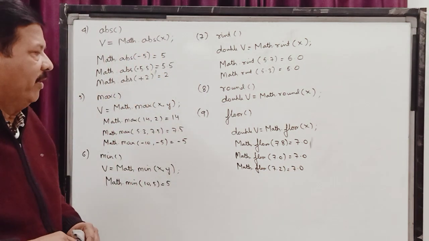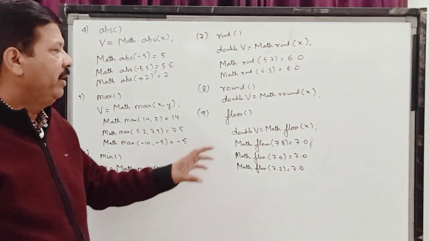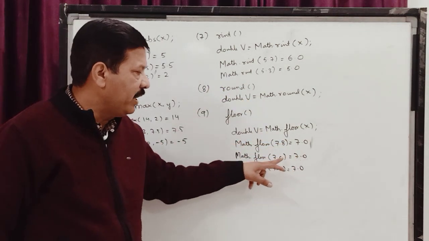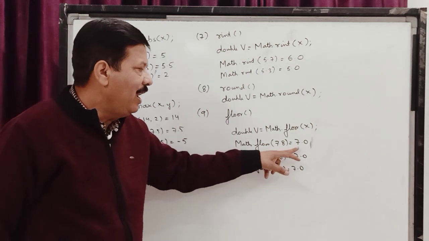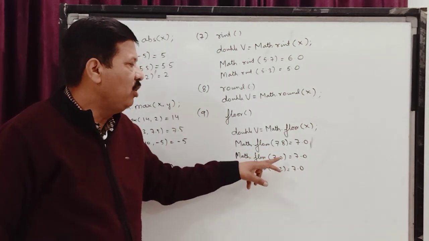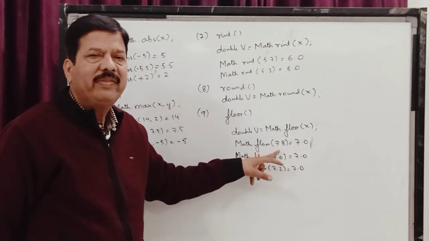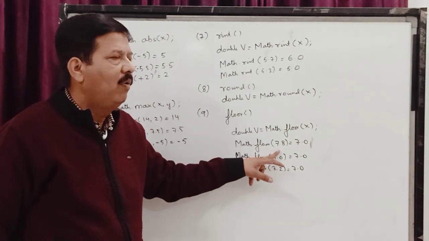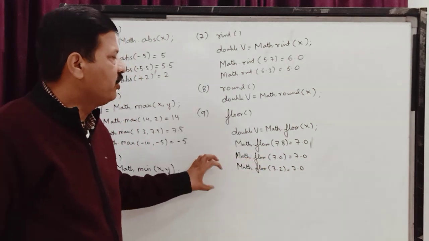So children, math.floor returns us a value which is either equal to or less than its argument, and this function returns a double value. So children, I hope this function is clear to you.